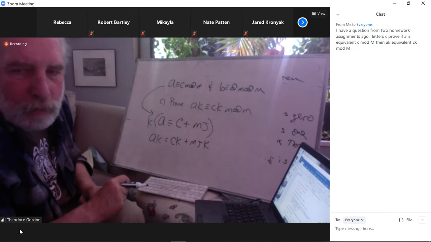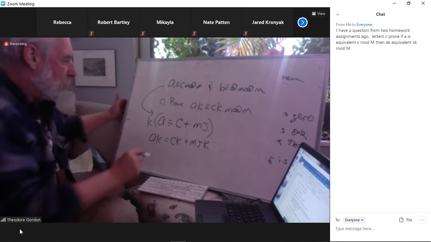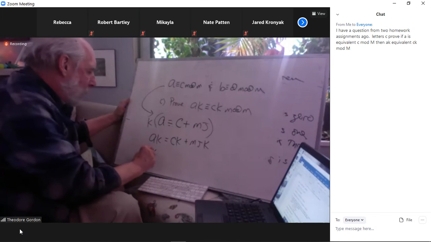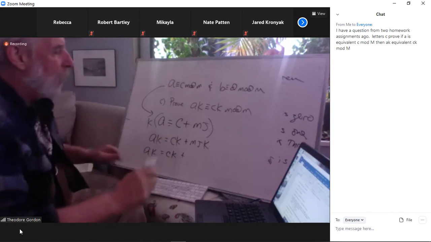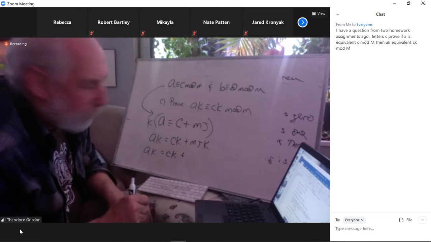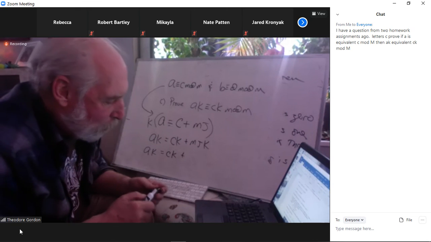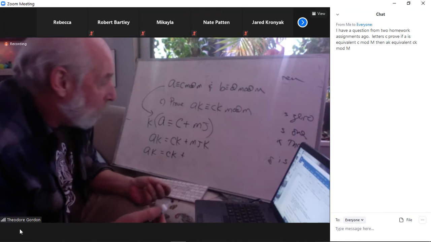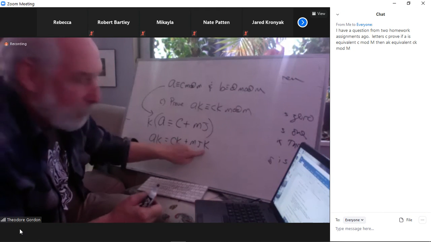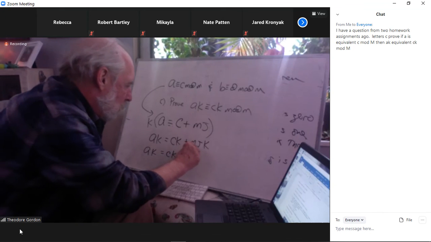Okay, so far? Okay, now, so AK is equal to CK plus, and these are all integers. If you multiply 2 integers together, what do you get? You get another integer. So J times K is another integer.